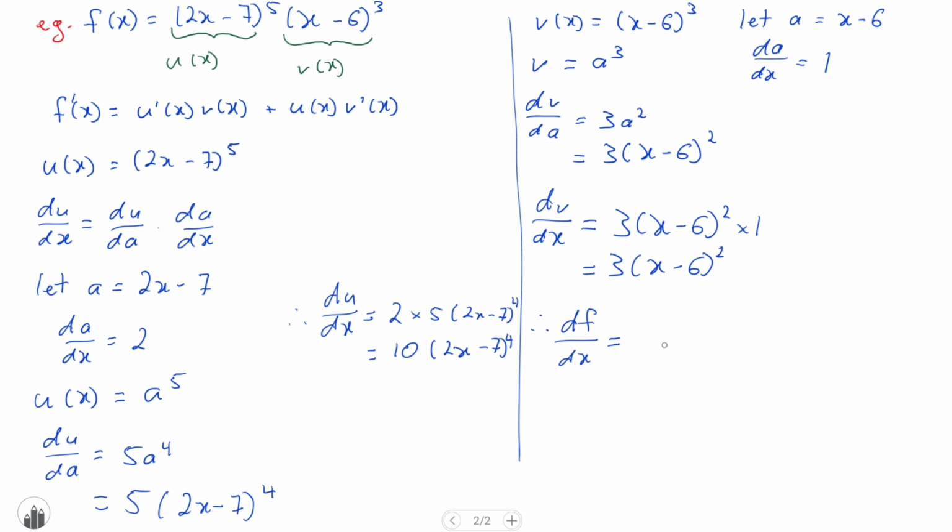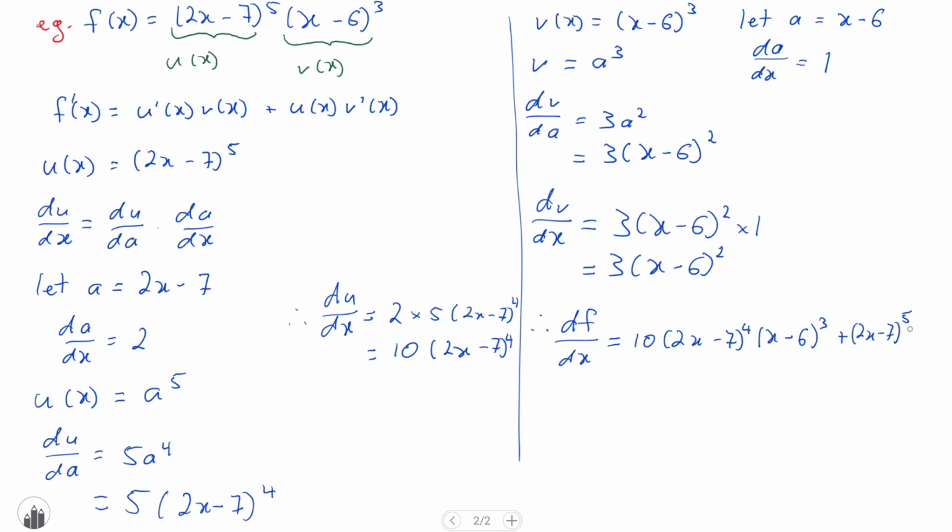That's 10 times 2x minus 7 to the power 4, times the original function v, which was x minus 6 cubed, plus my original function u, which was 2x minus 7 to the power 5, times my derivative of v with respect to x.